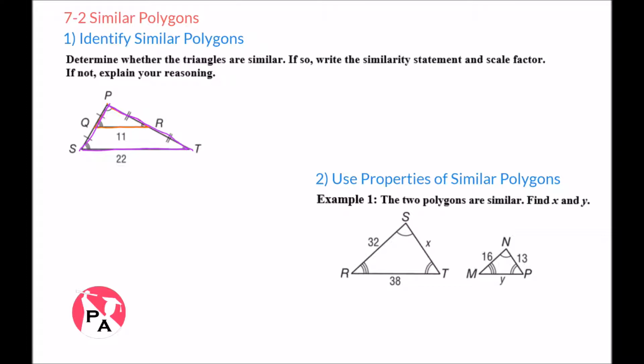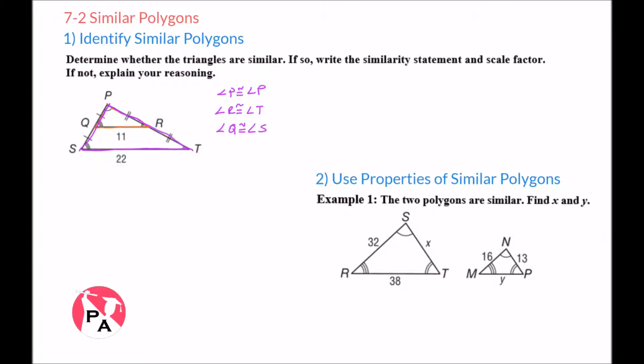So let's write the similarity congruency statements for the angles. Angle P is congruent to itself. It belongs to both of the triangles. The next one, angle R, is congruent to angle T because they have the same two angle symbols. The next pair is angle Q from the small triangle is congruent to angle S from the big triangle.